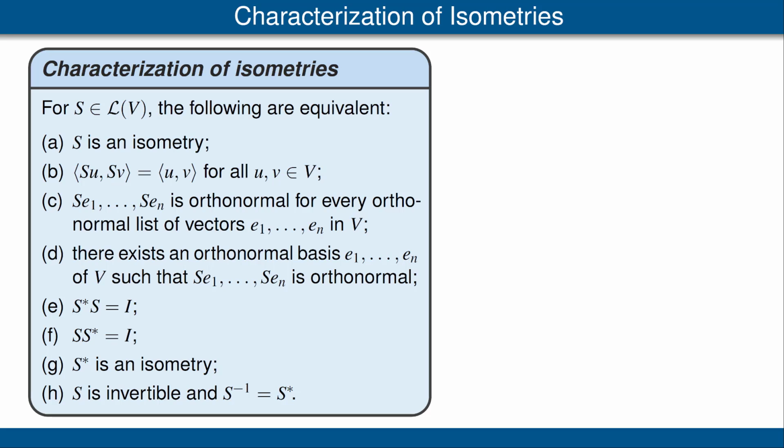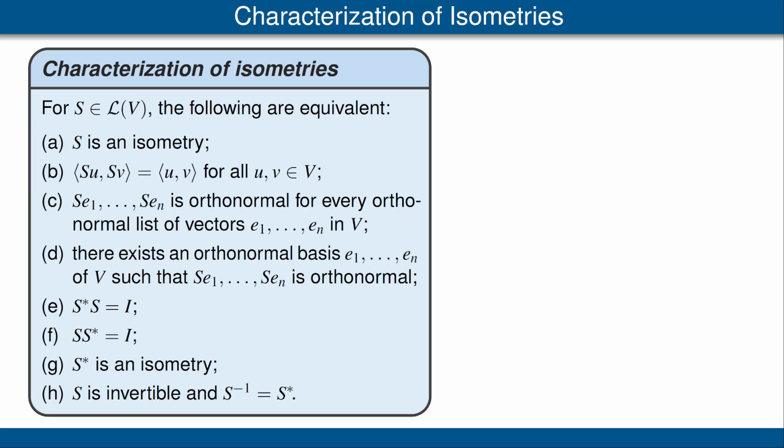The next result gives several conditions that are equivalent to being an isometry. Here's what this result says. Let S be an operator on V. Then the following are equivalent. Condition A is that S is an isometry. In other words, S preserves norms. Condition B, as you can see, is that S preserves inner products. It may be a little surprising to you that preserving inner products is equivalent to preserving norms.